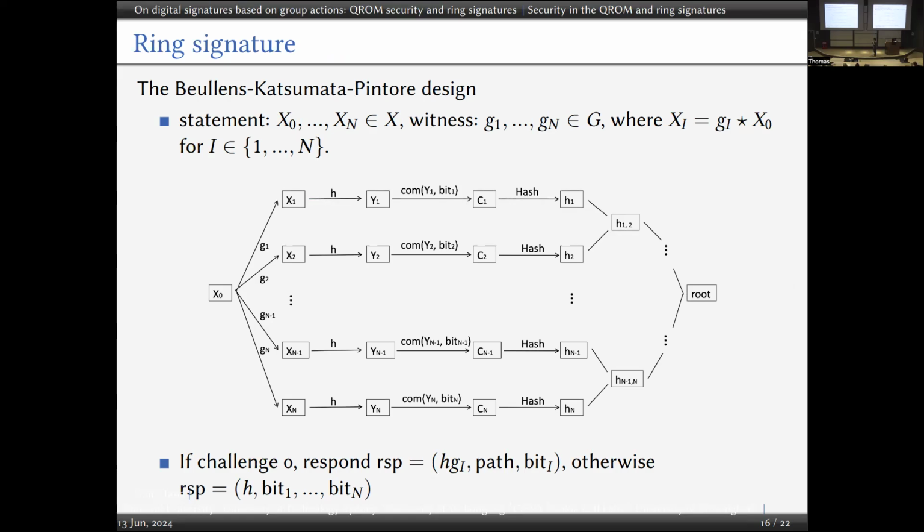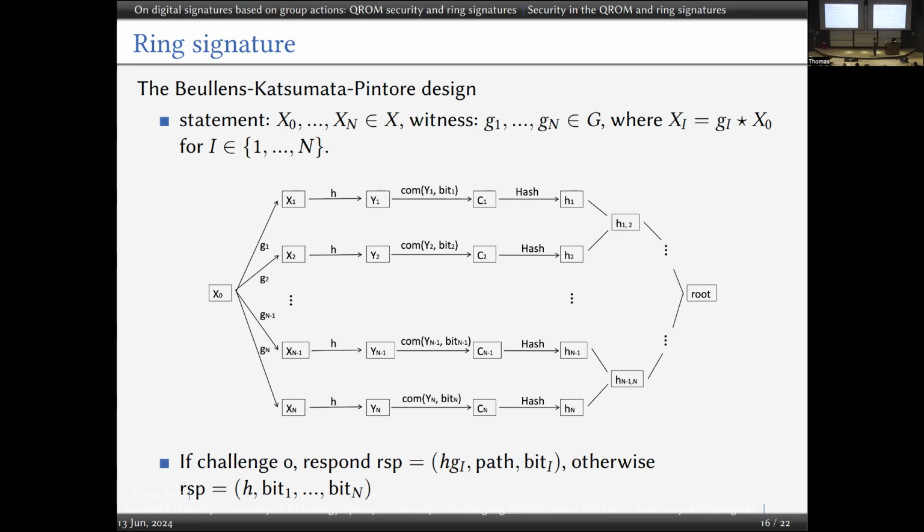Our aim is, given x0 to xn, which are public keys, to utilize these public keys and the response to get the root. If the challenge is 0, our response is h, g_i, path and beta_i.